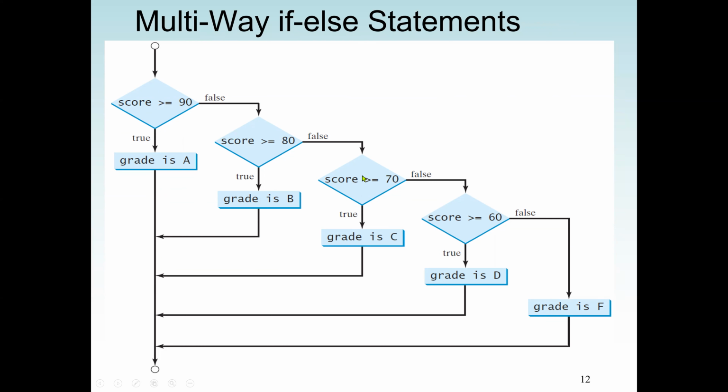Now, if the score is 70, then the grade is C. It will end there. So we are not going to check whether score is greater than or equal to 60. So this gives us a much quicker way of writing multi-way if-else statements.